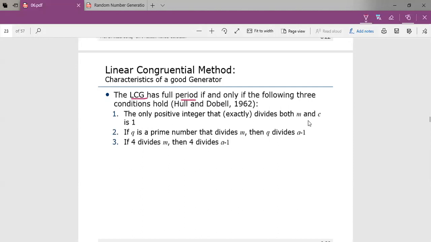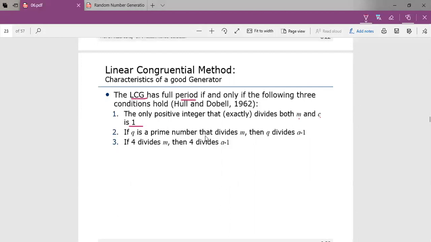The first condition is that the only positive integer that divides both m and c is 1. To achieve a maximum period and make it a good generator, see to it that the only positive integer that exactly divides both m and c is 1.